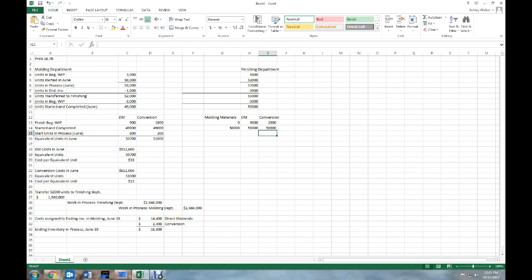So our molding materials, how many units do we use as our base? It has to be our units in ending inventory. So 2,000 units are there. They're 100% complete with respect to molding materials, so we count all of them.